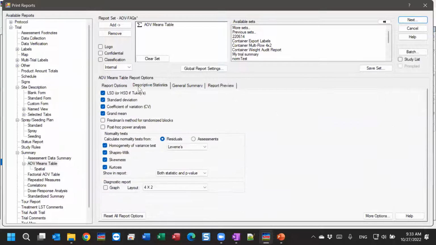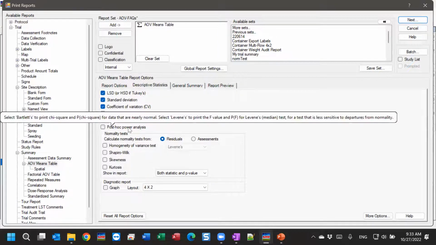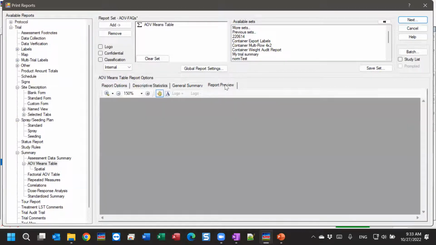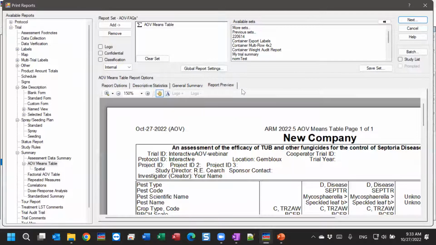If you open the descriptive statistics section, I'm going to turn off some of these right now just because it's getting to be a long section on the report, but we have a post-hoc power analysis that can be turned on in the report. And this will actually give us a couple of pieces of information.